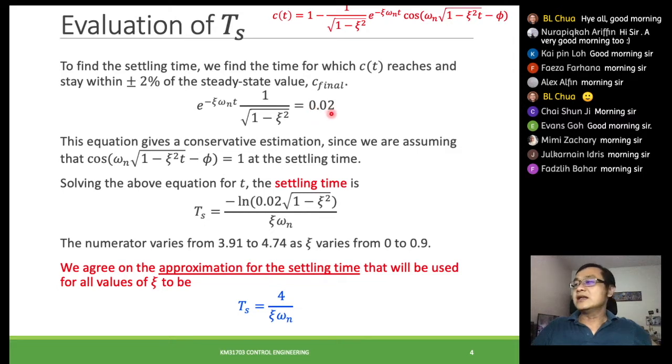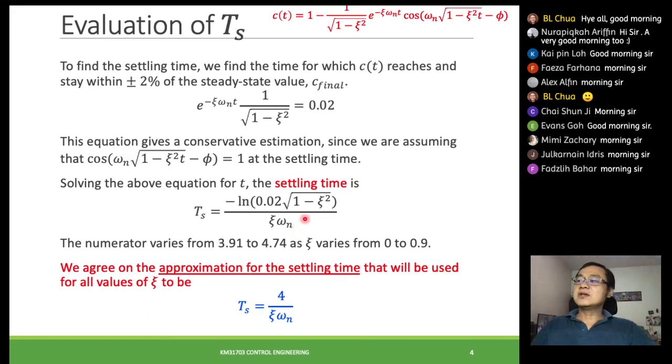From there we can rearrange and obtain the settling time equals minus ln 0.02, multiplied by the square root of 1 minus damping ratio squared, divided by damping ratio times omega n, the natural frequency.